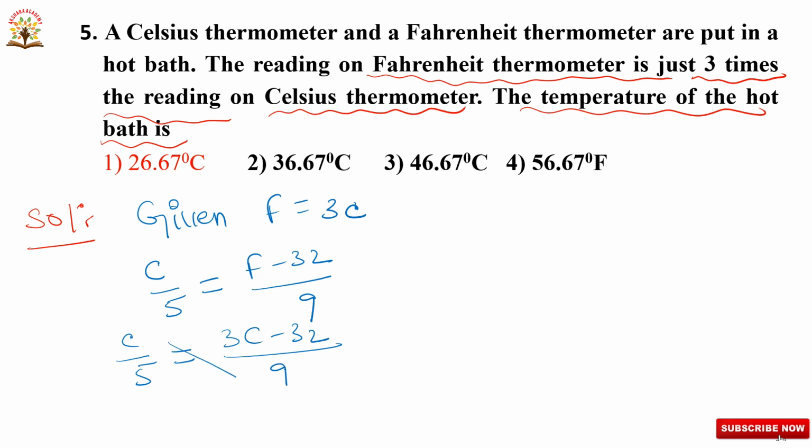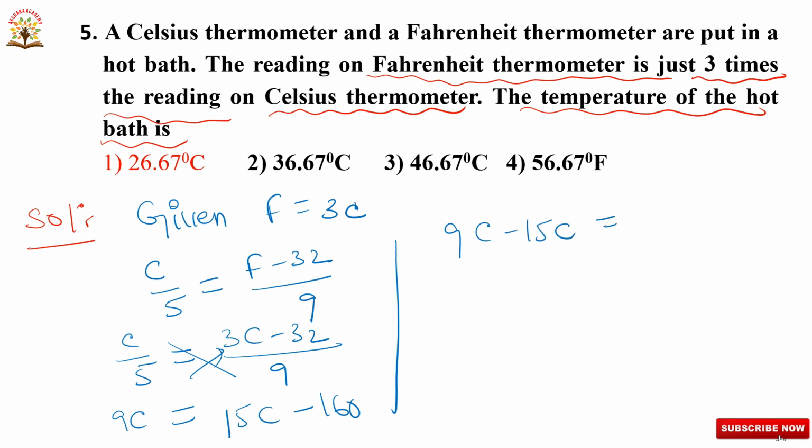Now taking cross multiplication, 9 into C, 9C, is equal to 5 into 3C, 15C, minus 32 into 5, 160. So 9C minus 15C is equal to minus 160. 9C minus 15C is minus 6C.